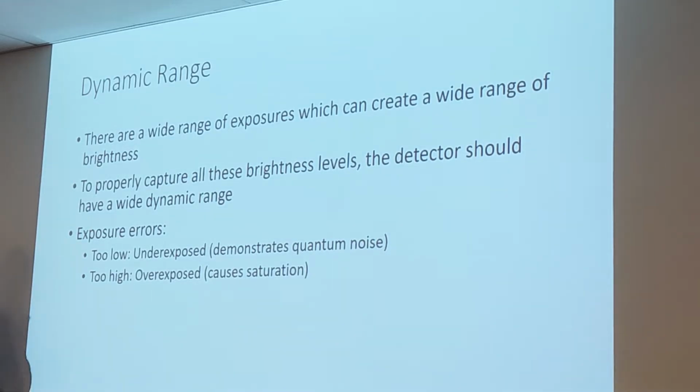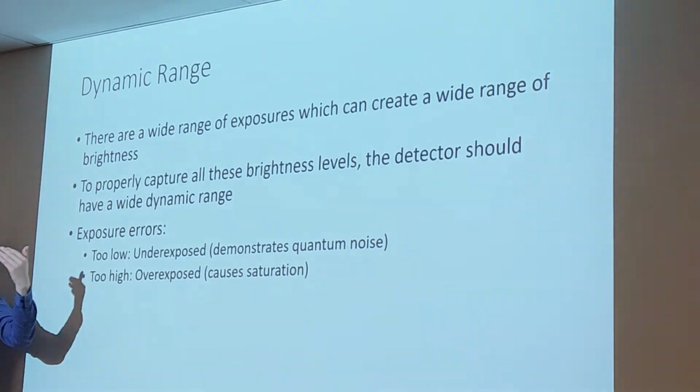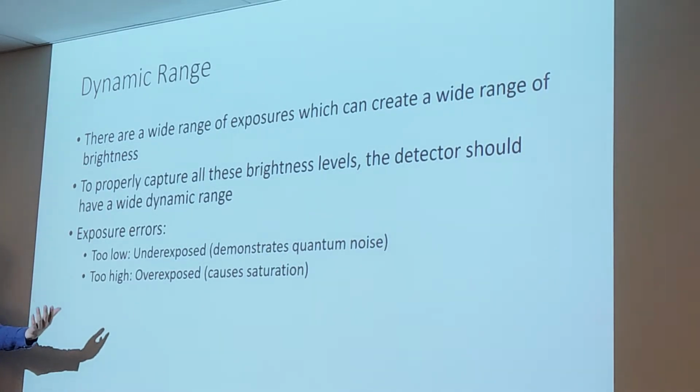So if you use the right number of X-rays, you get a good image. If you use too few X-rays, your image is going to be white. If you use too many X-rays, your image is going to be black. And the range of X-rays you can use before this happens, that is your dynamic range.